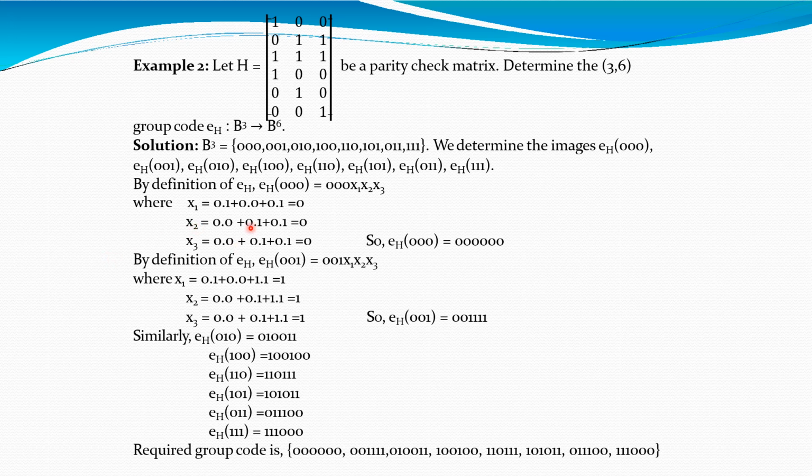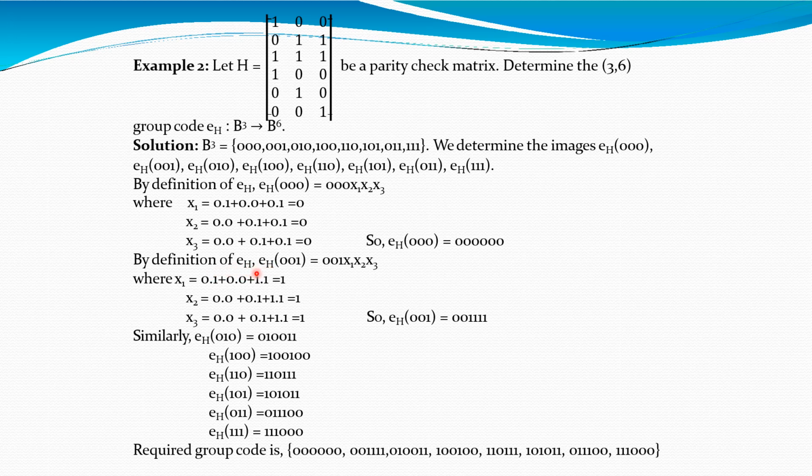Same way, x3 equal to row 0, 0, 0 multiplied by last column 0, 1, 1. So it is 0 into 0 plus 0 into 1 plus 0 into 1, which is 0. So EH of 000 is equal to 0 six times.